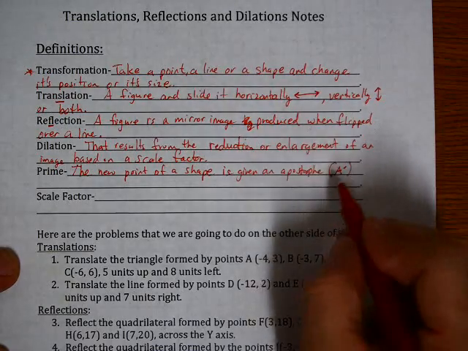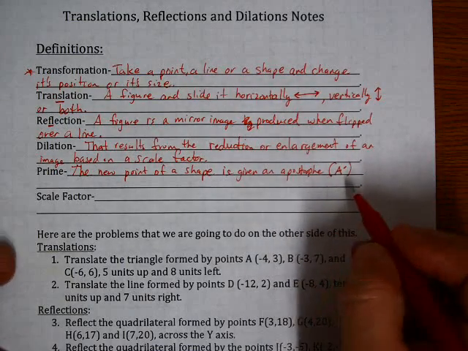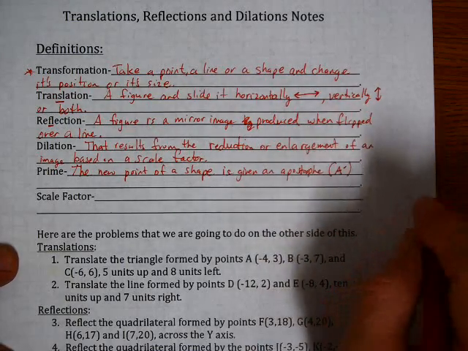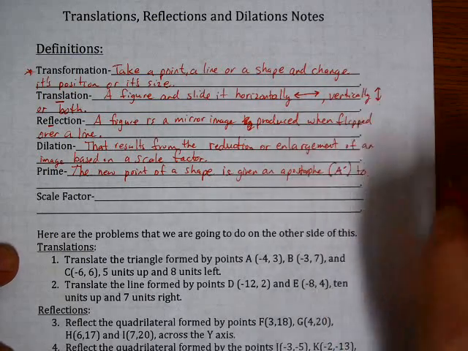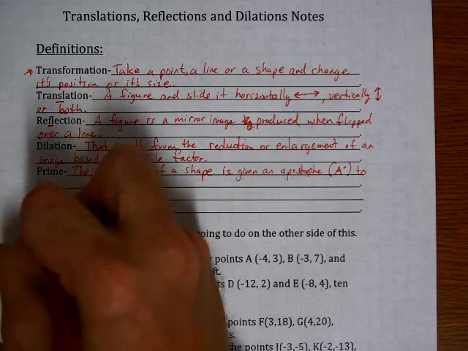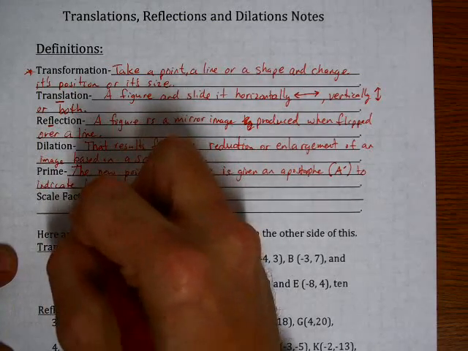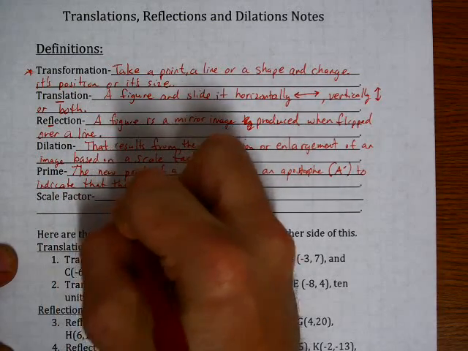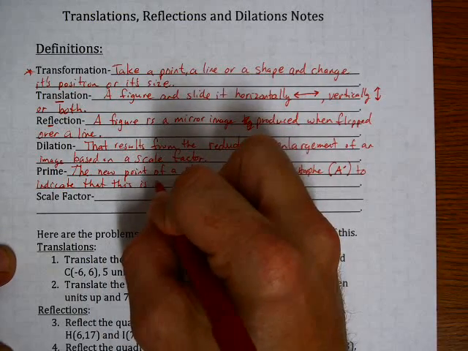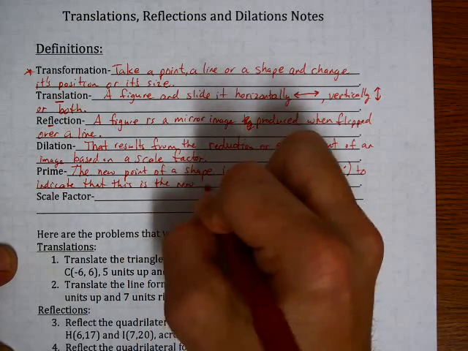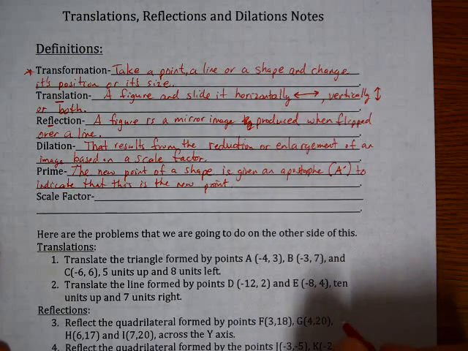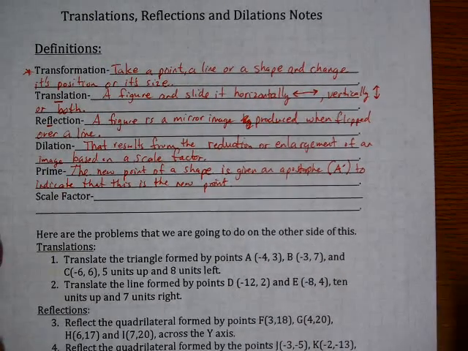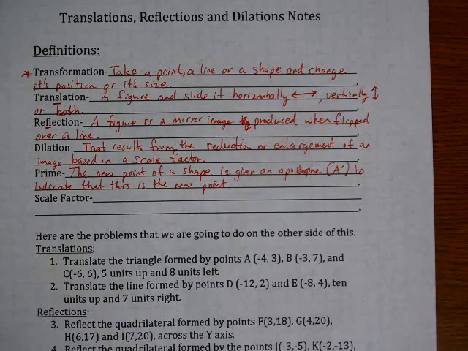So I would say A prime for that, and that's after I've moved the shape. So an apostrophe to indicate that this is the new point. Okay, so the new point of a shape is given an apostrophe to indicate that it is the new point. That way you can tell when they move a shape which one the new one is.